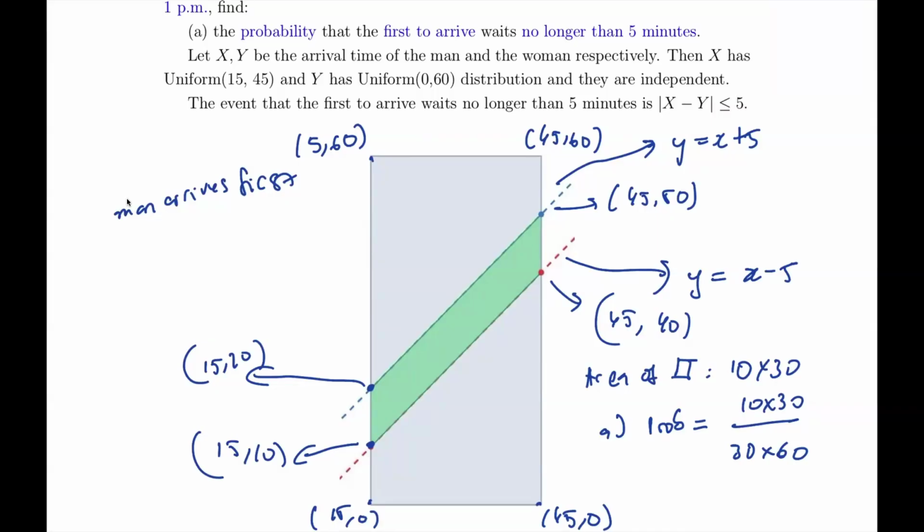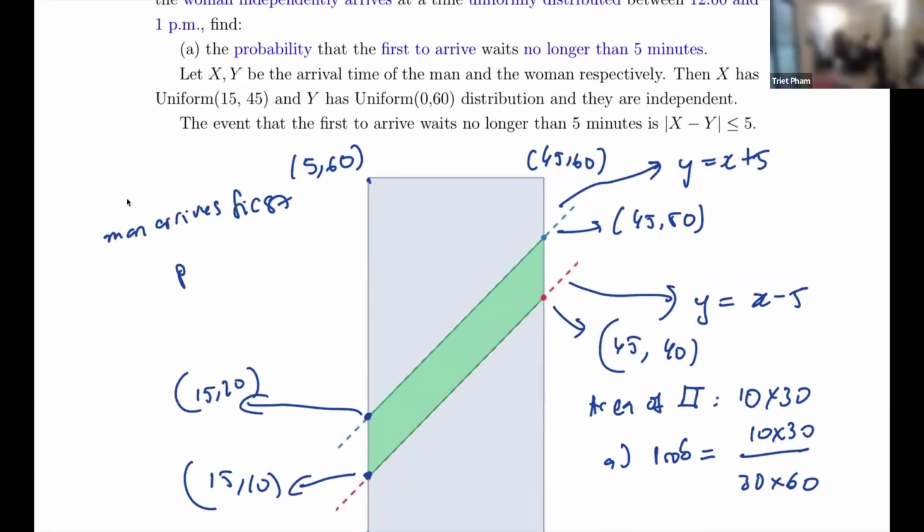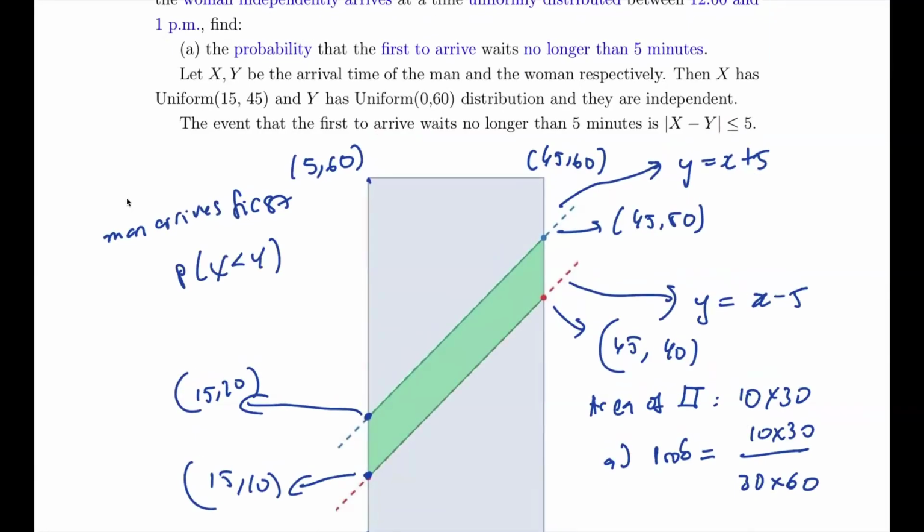So the minimum is the x coordinate when x is less than y. Right, so x less than y.